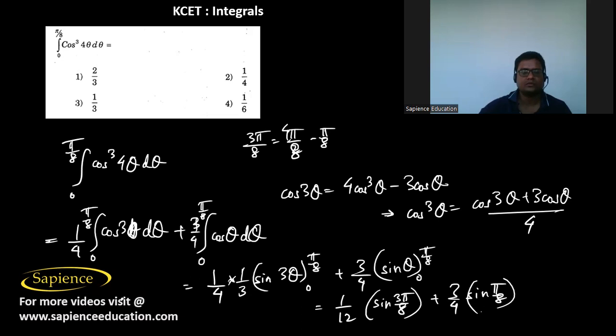Sorry, this is cos 4 theta. This is wrong. Cos cube theta. Okay, so cos cube theta is this. So, sorry, this part is wrong.